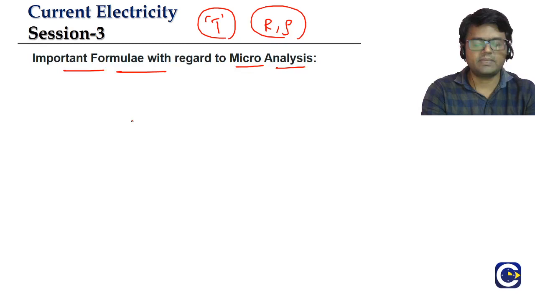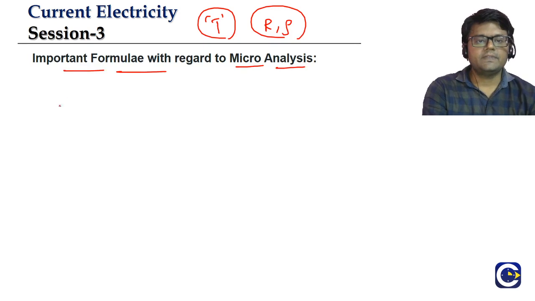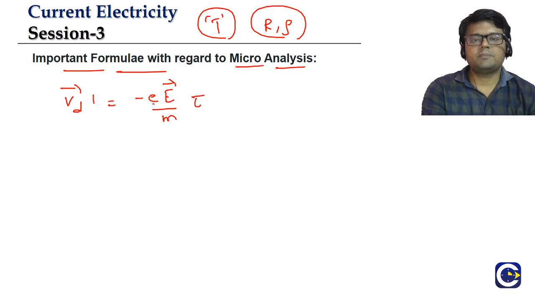In the last class, we were looking at the expression for the drift velocity. The drift velocity will be equal to minus e by m into tau times E bar, where small e represents the electron charge, capital E bar represents the electric field vector, m represents the mass of the electron, and tau is the relaxation time.